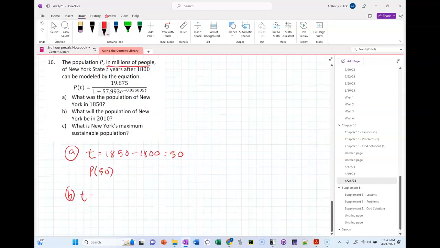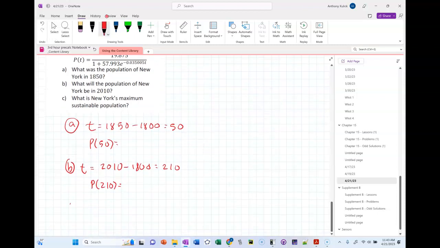Part B says, okay, what will the population be in 2010? So the T there should be 210. And again, I'll do that in just a second. And then part C asks, what is New York's maximum sustainable population?